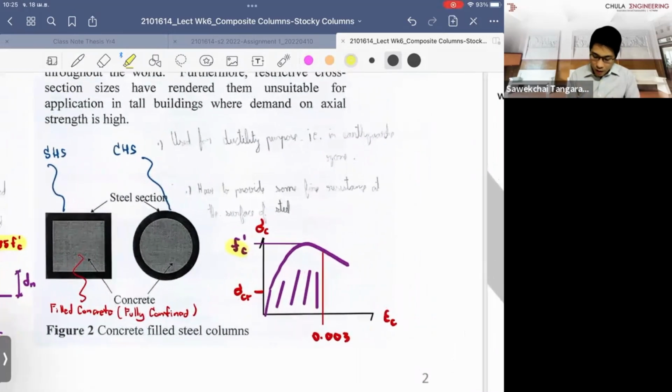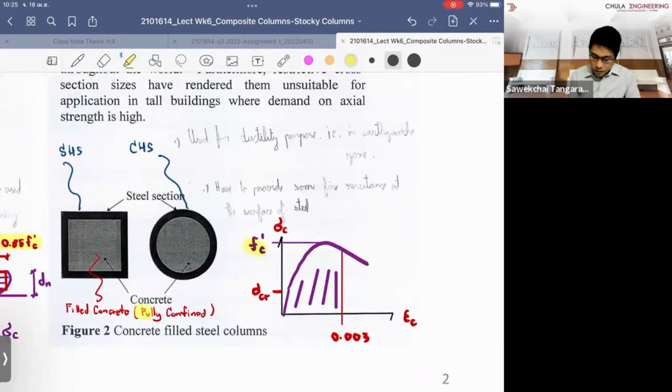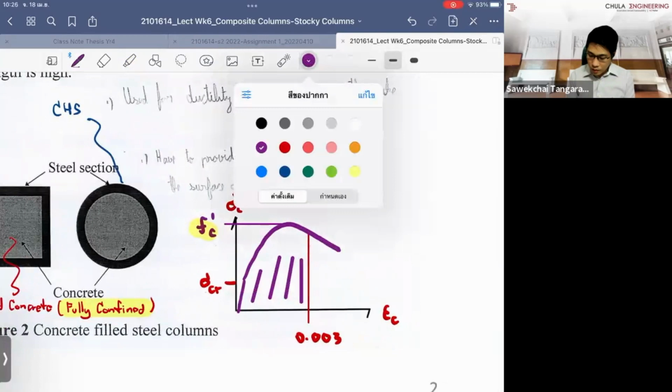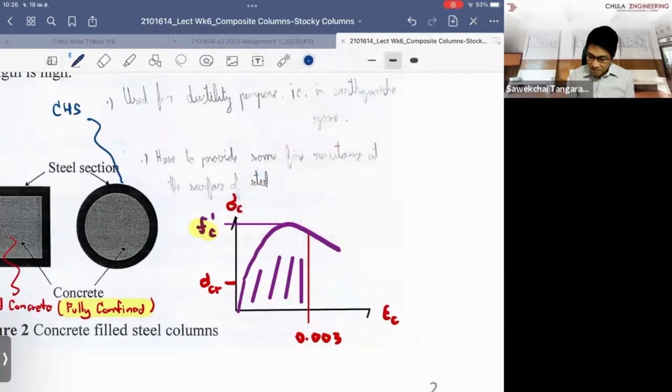But if you have full confinement, the nice property of full confinement is that because the concrete has been enclosed, if we make the cells compact within the concrete matrix, the behavior after it reaches the ultimate strength is that it can go beyond and start to drop here.